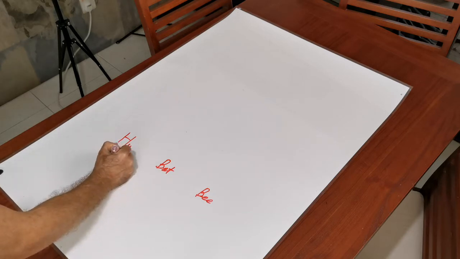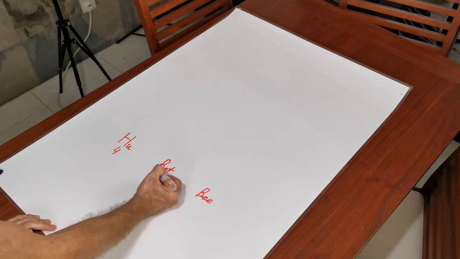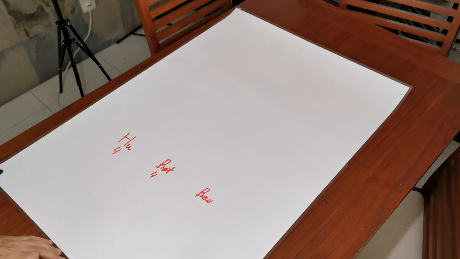So we have to look at specific traits which differ in these groups. For example, let's look at the number of extremities, legs and arms. Humans have 4: 2 arms, 2 legs. Bats also have 4: 2 wings and 2 legs. But bees have 6.